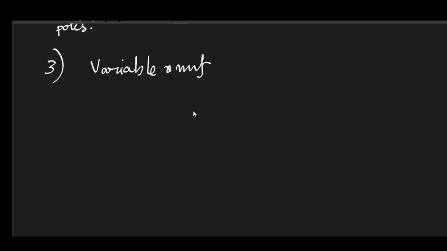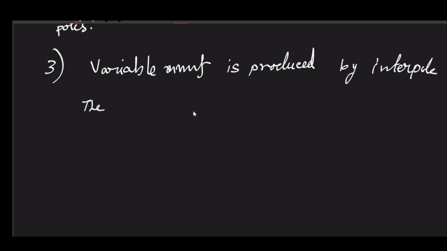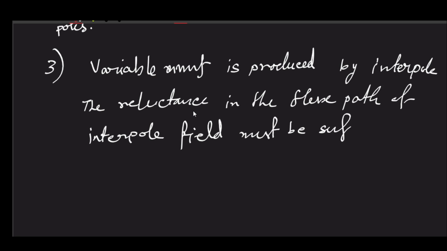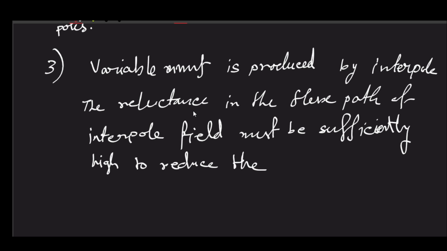what you want is that the reluctance in the flux path of the interpole magnetic field must be sufficiently high to avoid the chance of magnetic saturation.